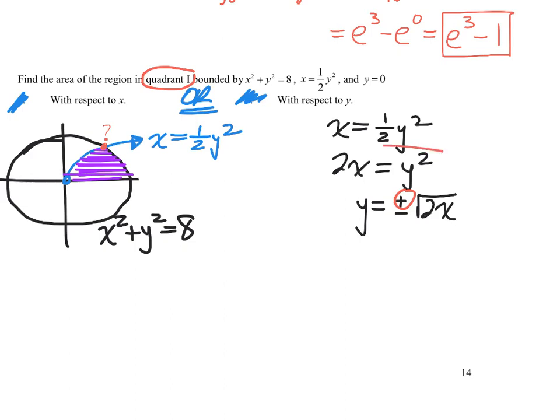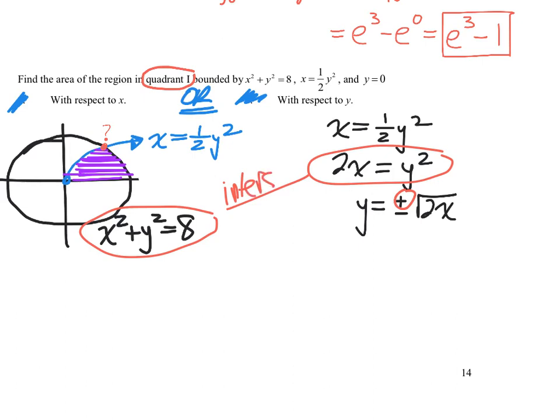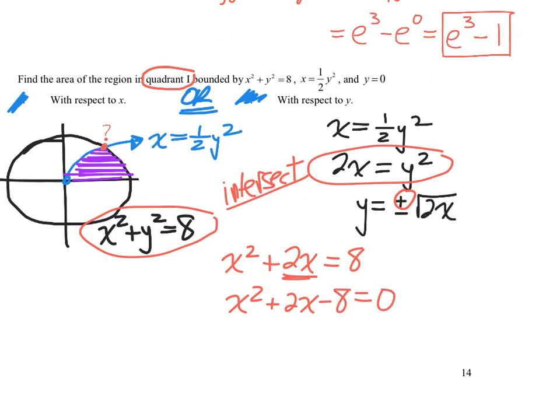So if I wanted to, and I do, I can find the intersection between these two equations, which is going to give me x squared plus, instead of y squared, 2x, that's my substitution, equals 8. x squared plus 2x minus 8 equals 0. And then I could solve that. You pick your method on that.